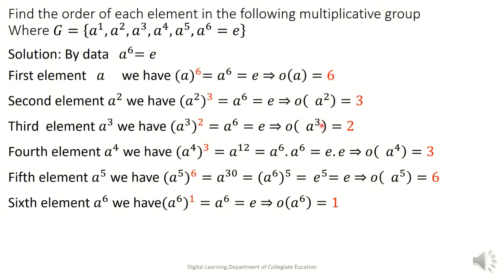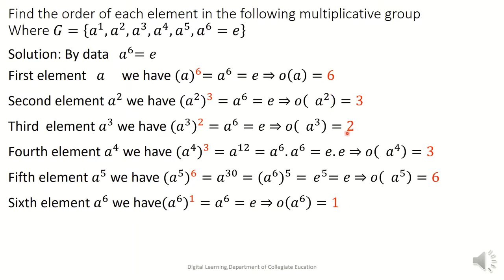Then the order of A to the power of 4 is 3. It is less than 6. Next, the order of A to the power of 5 is 6. It is equal to 6. Then the order of A to the power of 6 is 1, which is also less than 6.